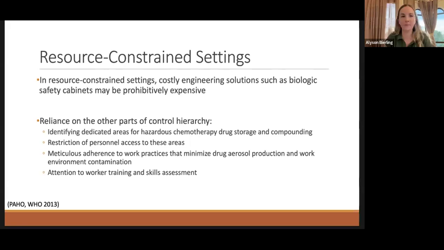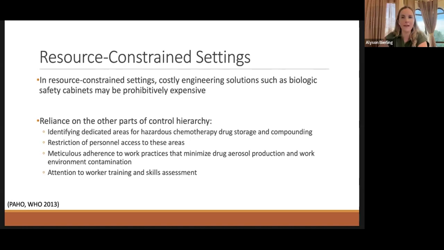And then we want to make sure we're restricting personnel access to those areas. And then, of course, meticulous adherence to work practices that minimize aerosol production and contamination in the workplace. And then finally, paying attention to training and skills assessments.